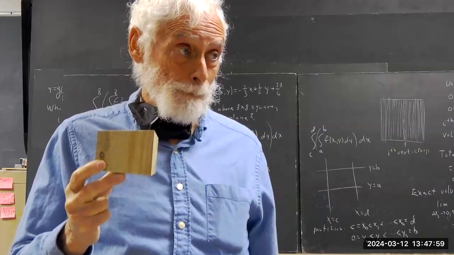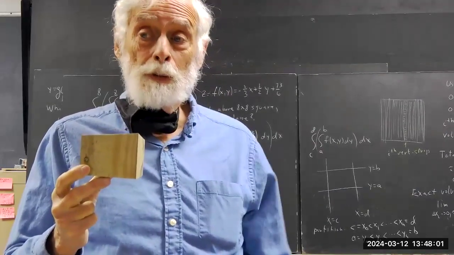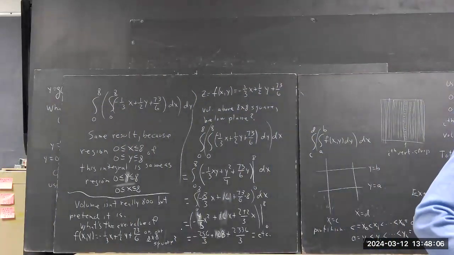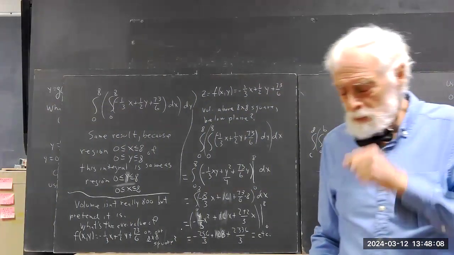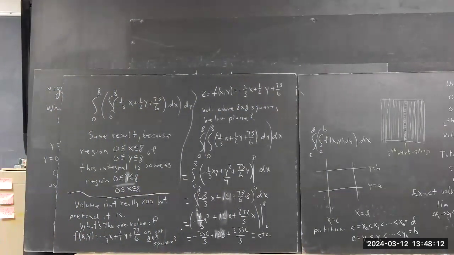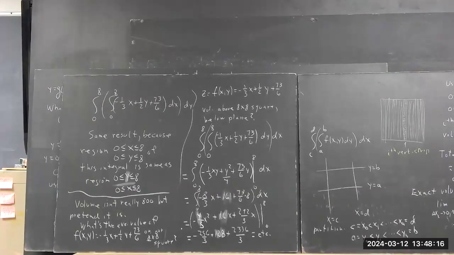It's reasonable. You can figure out more about it than that, but okay. So this whole idea about the average value of functions is a big deal. Use it all the time.